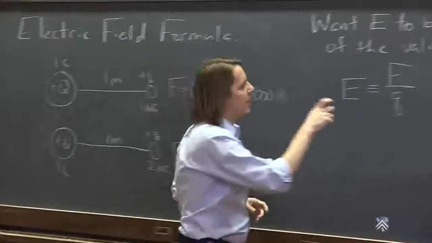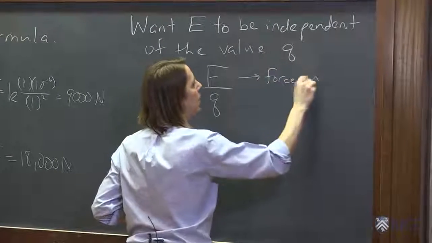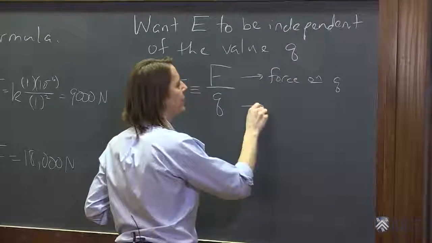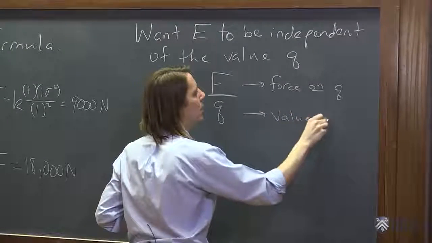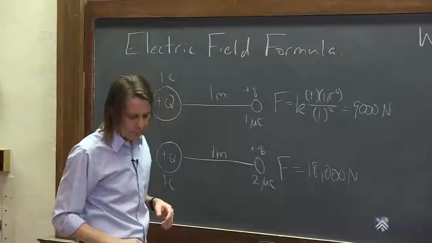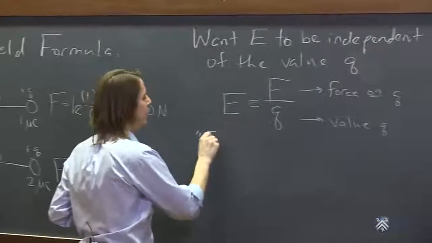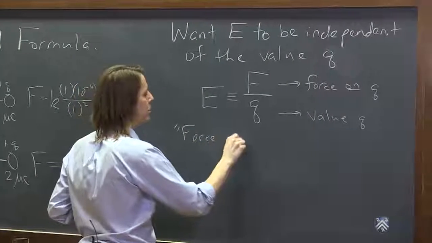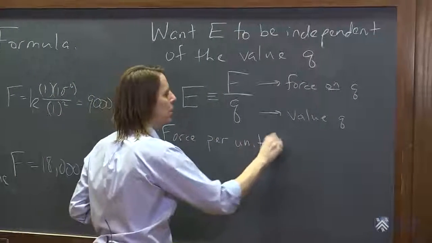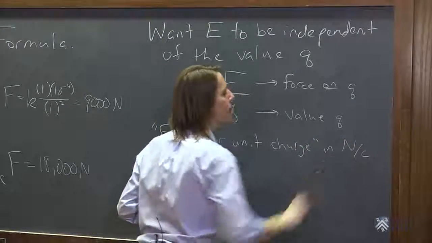So again, as a reminder, this is the force on little q, and this is the value of little q, the small charge. One way to think of the electric field is that it is the force per unit charge, in newtons per coulomb.